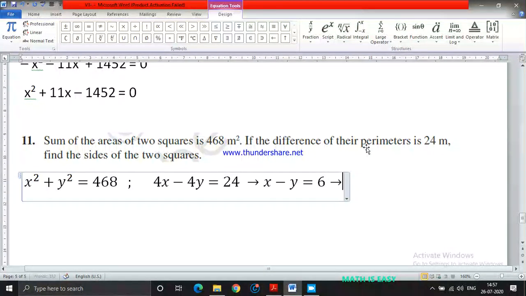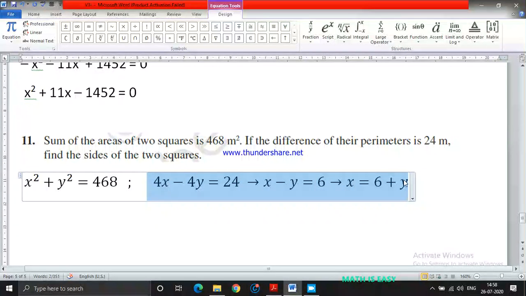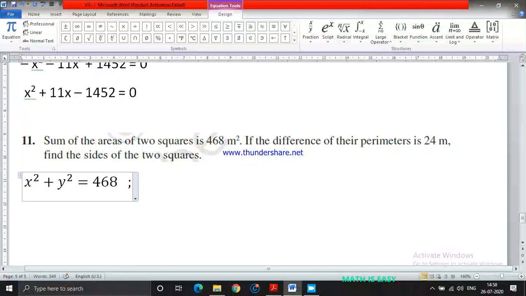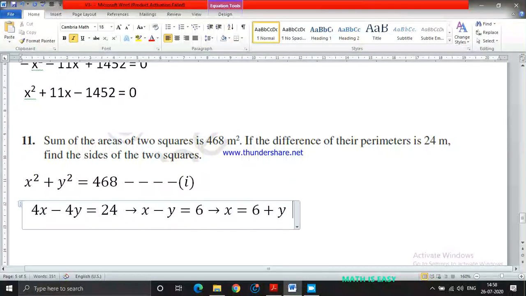Further, x equals 6 plus y, because x minus y equals 6, so sending y to the right hand side, I get x equals 6 plus y. I'll call this equation number 2.